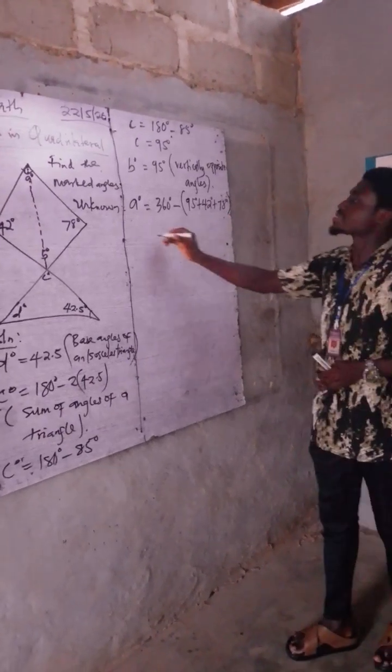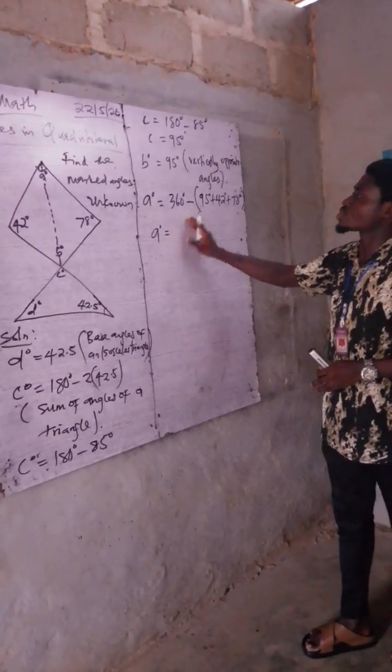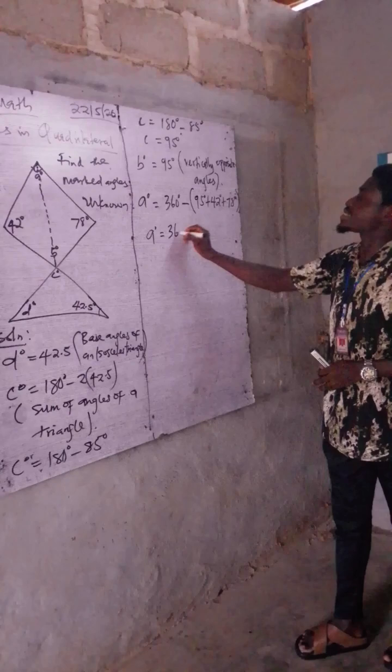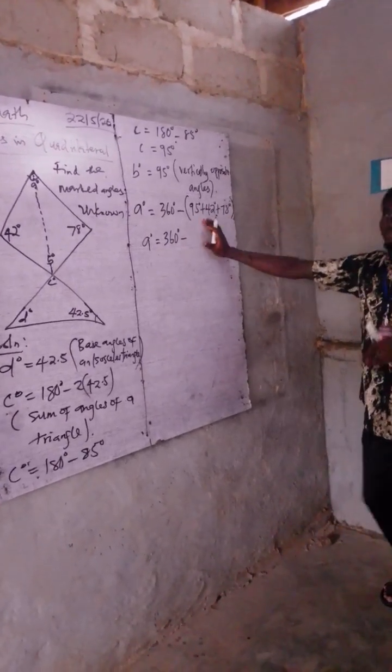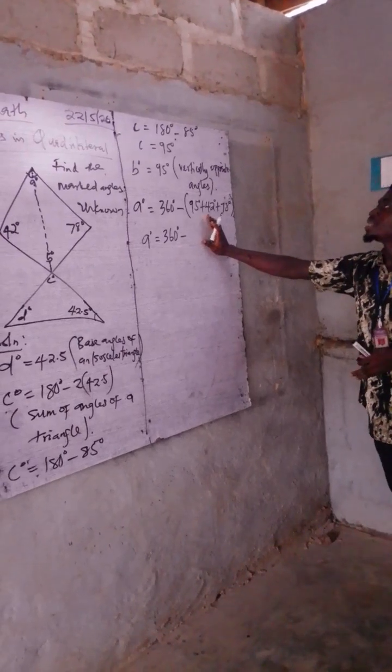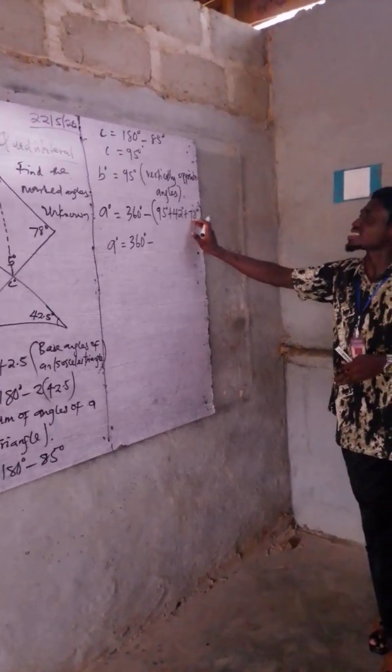When you clear this bracket, we have 360 degrees minus, adding 95 plus 42 plus 78.